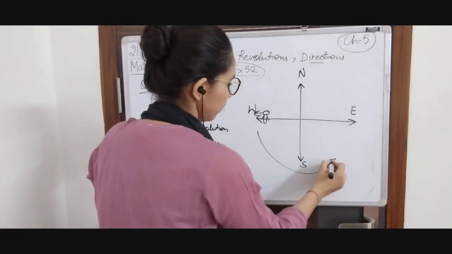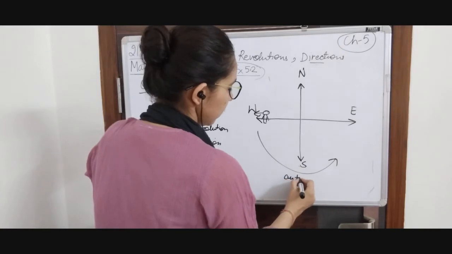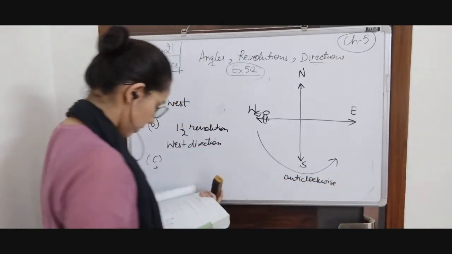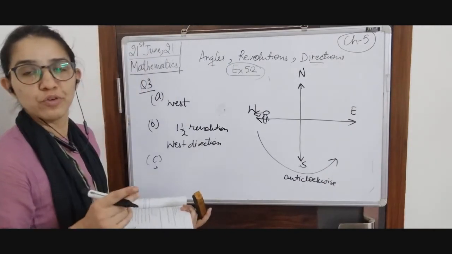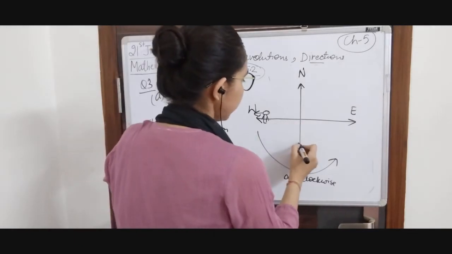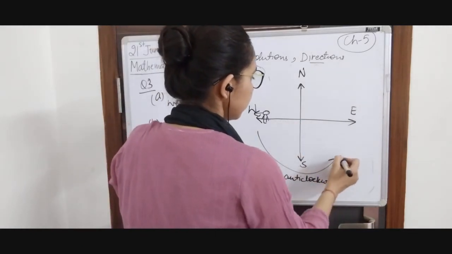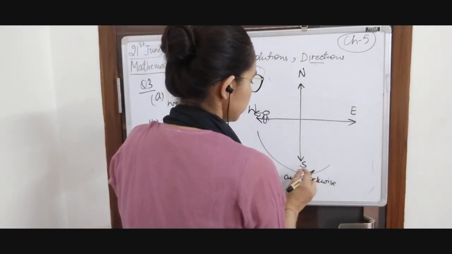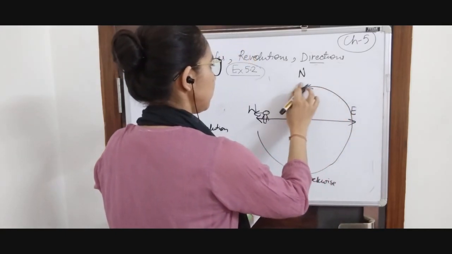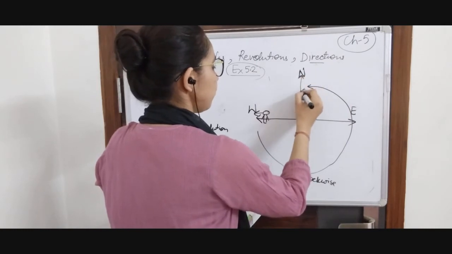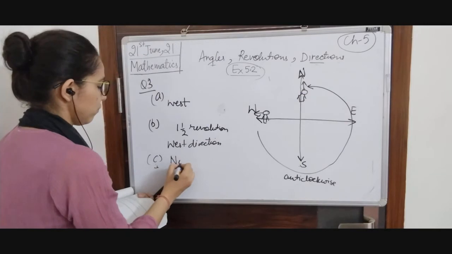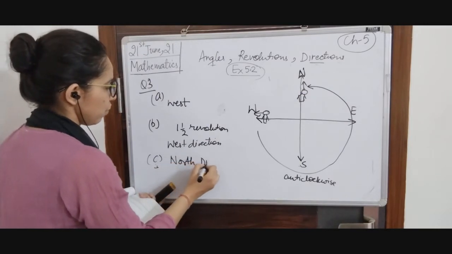So he is moving in this direction because anti-clockwise. 3/4 of revolution means how many right angles? 3 right angles. So 1 right angle, 2 right angles, and 3 right angles. So the person will be facing north now. So the direction will be, he is facing north direction.